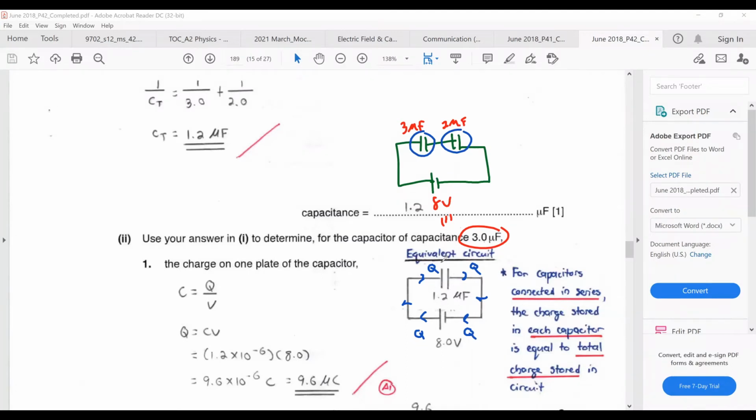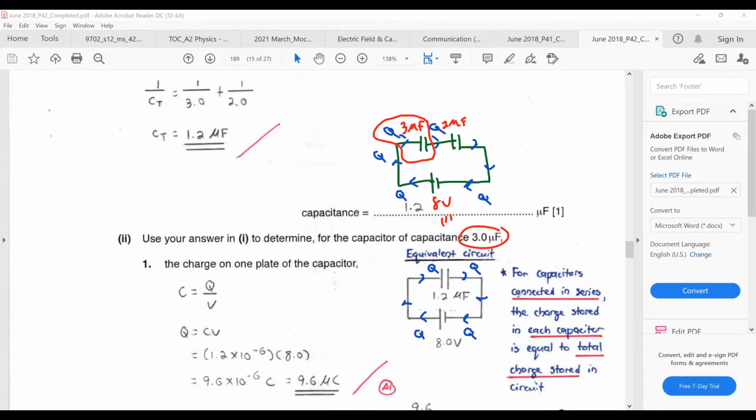Because this is similar to this, whatever charge flows through here is the same charge flowing through each of the capacitors. So it will be the same Q that is flowing. What I'm interested to find out is the Q on the 3 microfarad capacitor. So the way to do that would be to simplify it first and find out the total charge being pushed through the circuit. The charge pushed through the circuit is the same charge pushed through the capacitor itself.